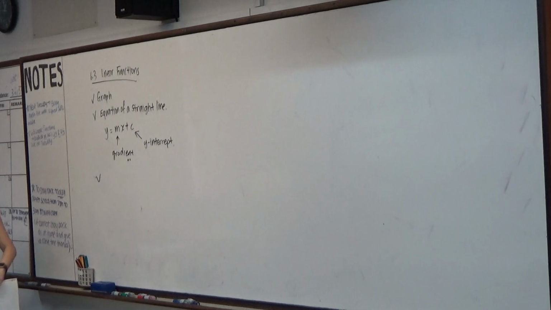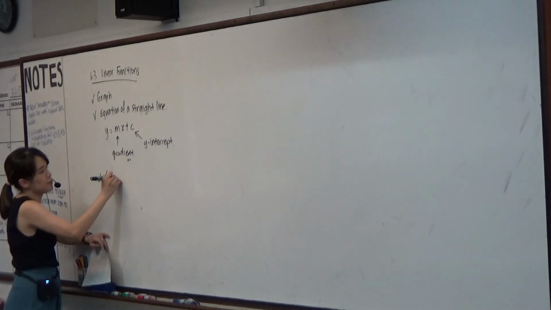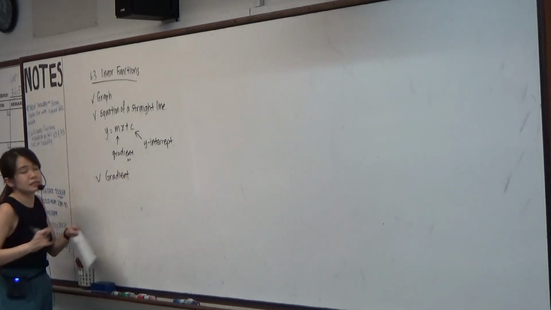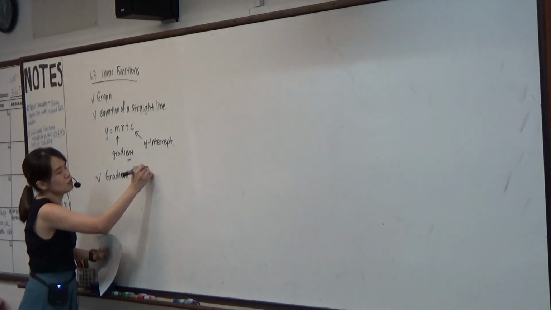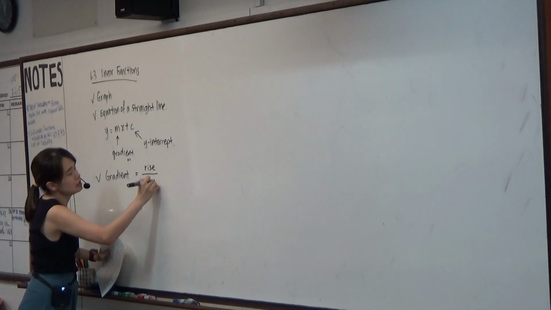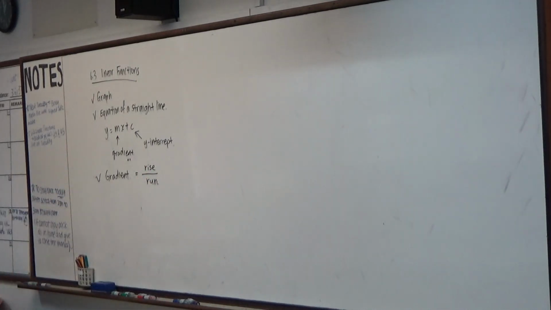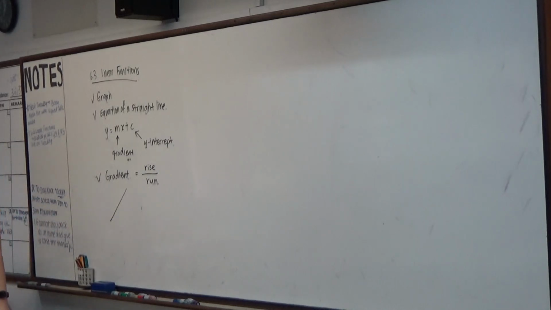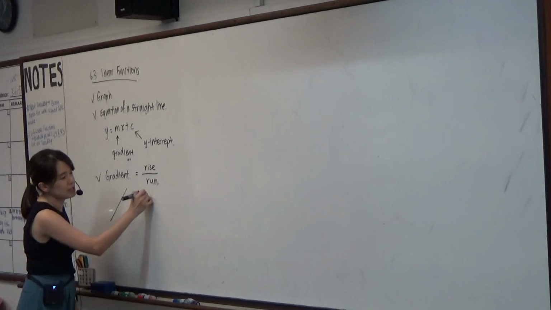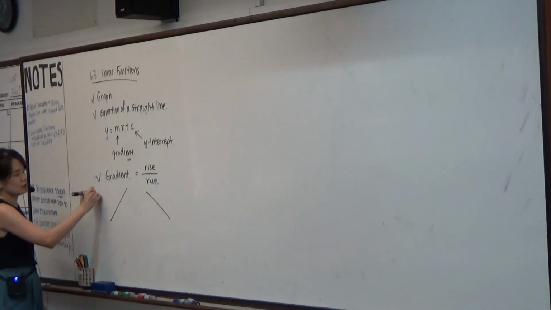Okay, and then in the last lesson, I briefly introduced the concept of gradient to you. Okay, whereby gradient will be found by using the formula rise over run. Okay, and what I mentioned was that usually we have two different kinds of diagonal lines, upward sloping or downward sloping.